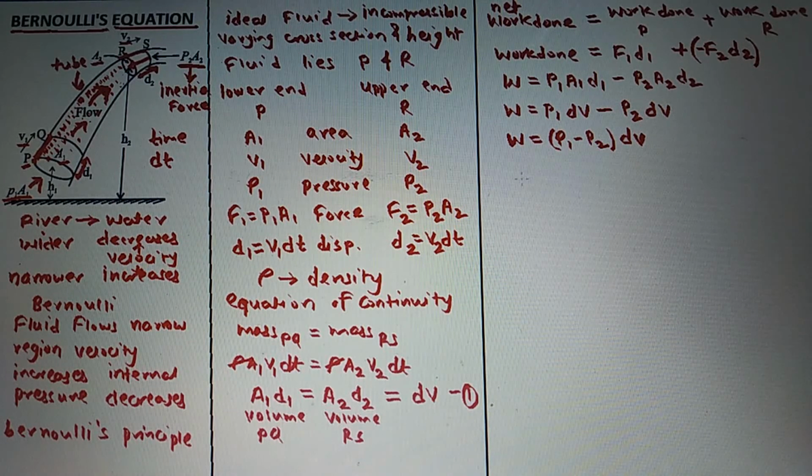And as this fluid is in motion, this work done W, according to the work energy principle, is equal to the change in the total mechanical energy. Which are the types of mechanical energy? As this fluid is in motion, there will be a change in the kinetic energy.